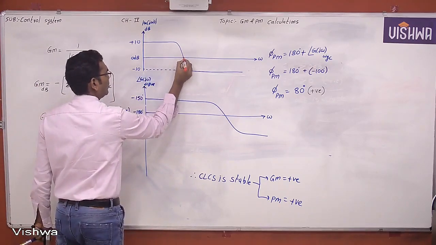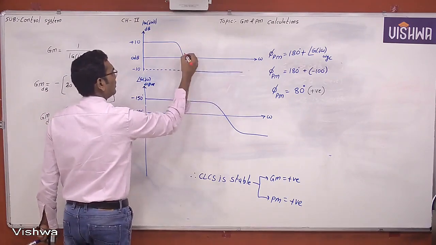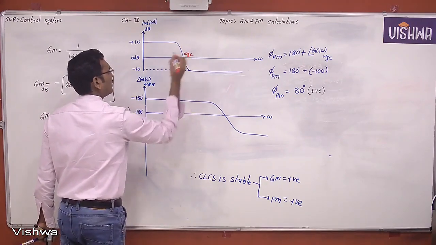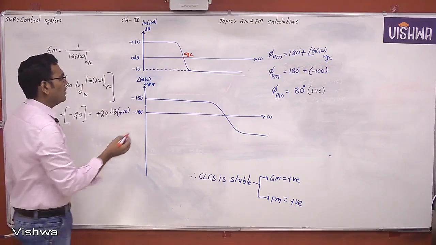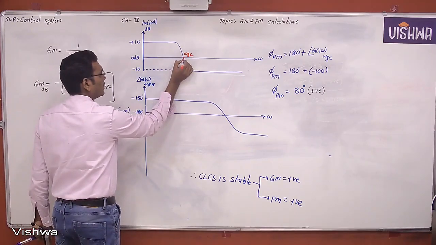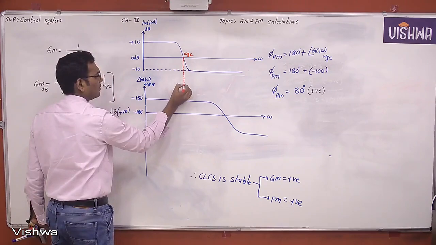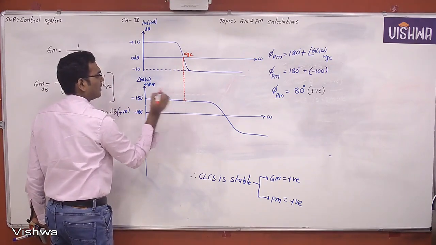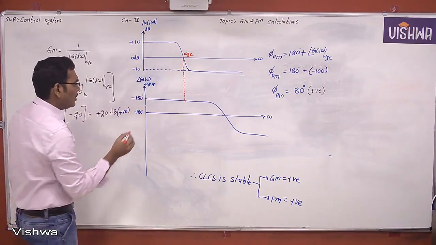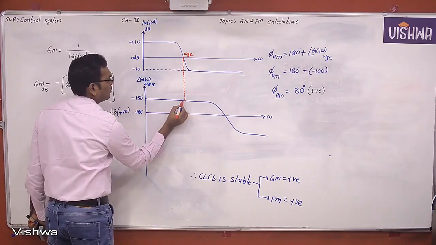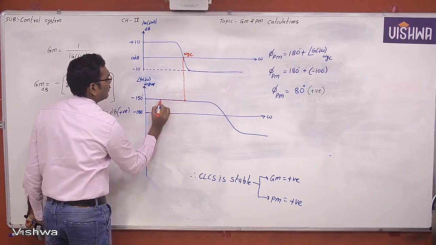When the magnitude is equal to 0 dB, this particular frequency is called the gain crossover frequency. You should extend this gain crossover frequency, and it will touch a particular point on the phase angle. At this gain crossover frequency, what is the phase?